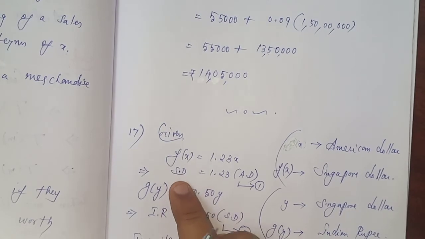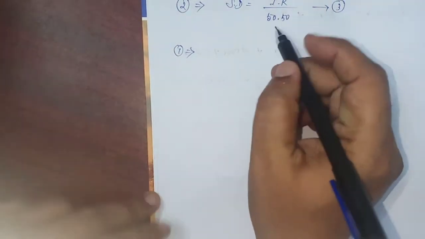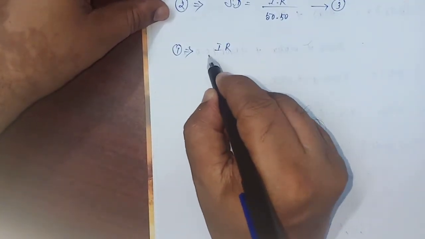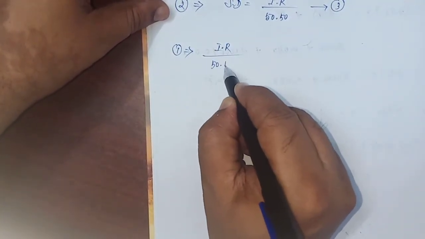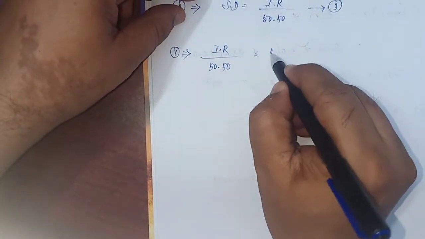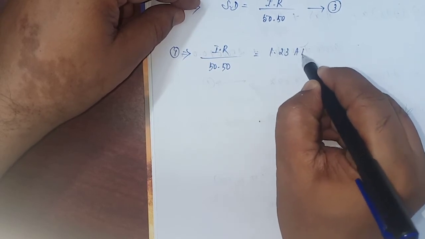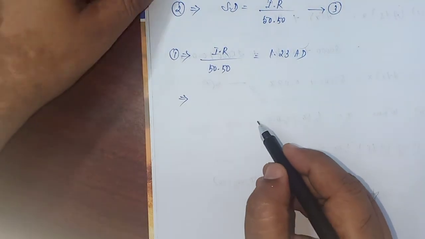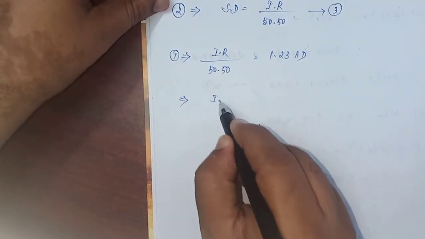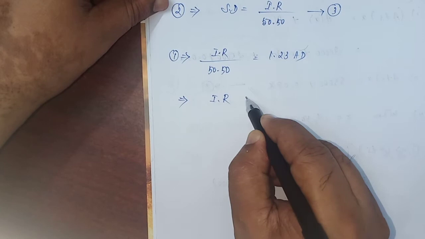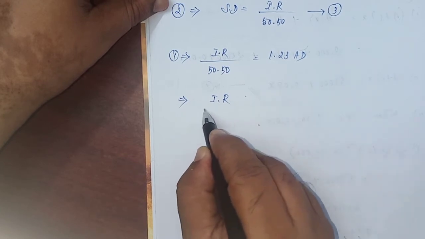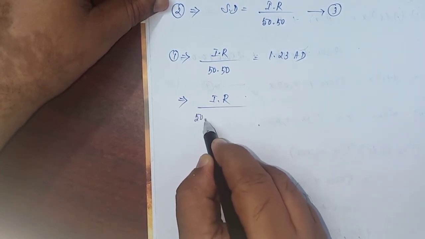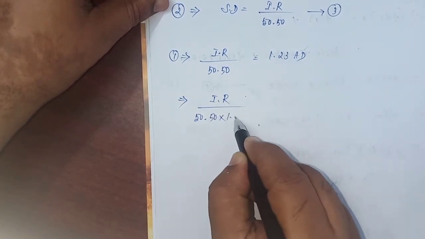This SD can be replaced by IR divided by 50.50, that is equal to 1.23 AD, which implies IR divided by 50.50 into 1.23.